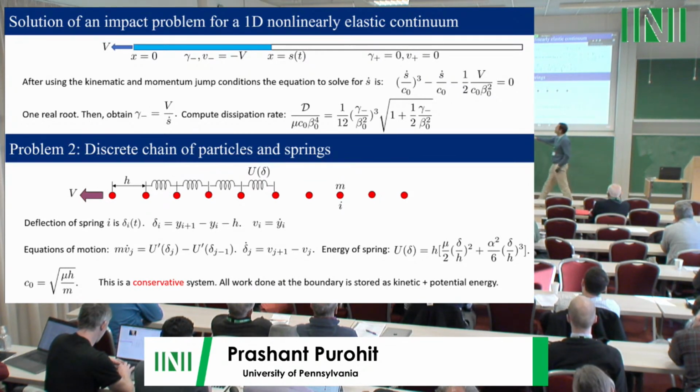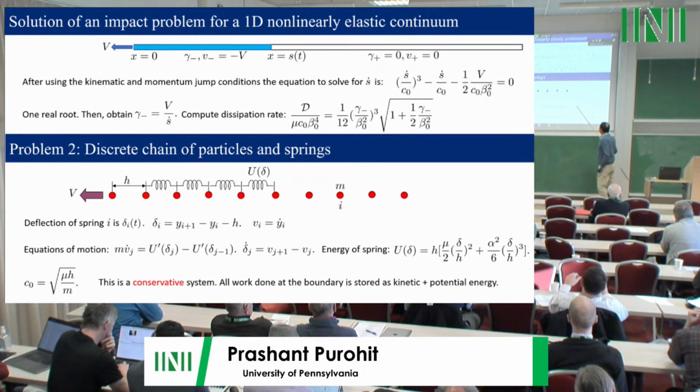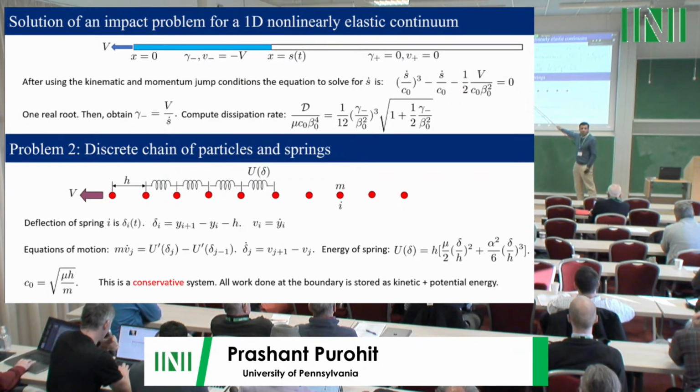C0, the sonic wave speed, can be written down, which is simply that. Mu here is the constant appearing ahead of the quadratic term here. Okay. So this is, of course, a conservative system. When you integrate the equations of motion, you better find that all the energy that you are inputting at that end is stored as kinetic and potential energy inside the chain of atoms.